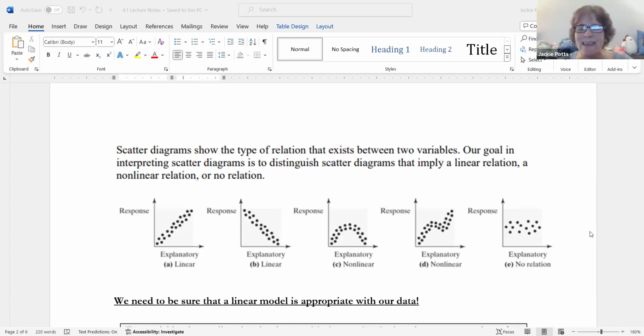Because this is called linear regression. That means we want data that looks like this or this. This is considered a positive. This is considered negative. Think back to your graphing of linear lines. Well, we're going to create a linear line through the data. Sometimes you'll hear this referred to as the best fit line.